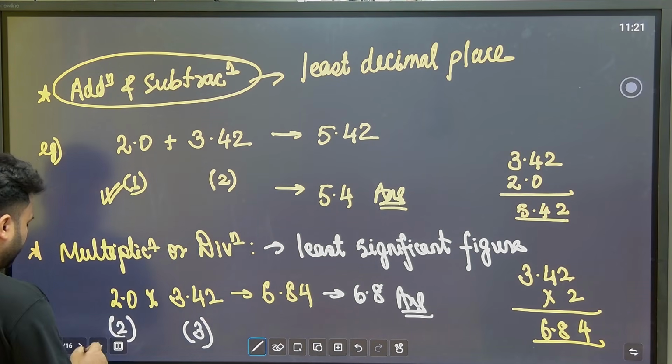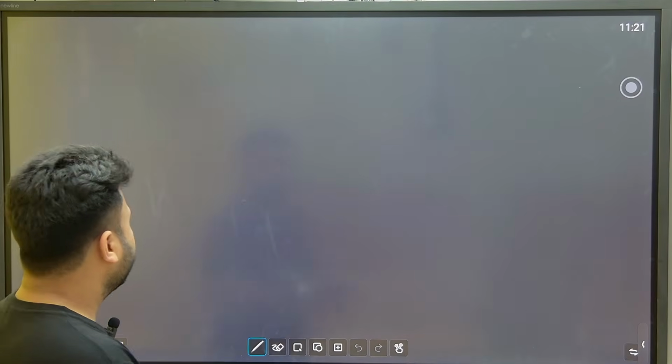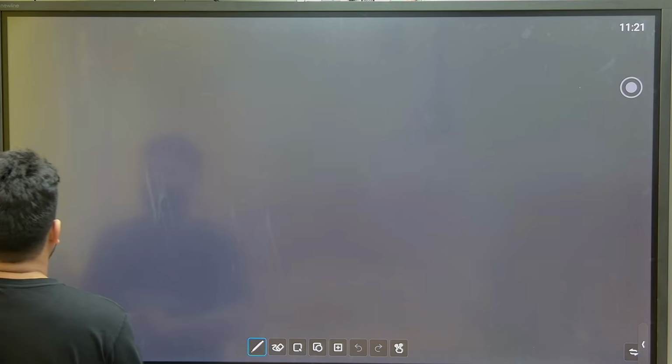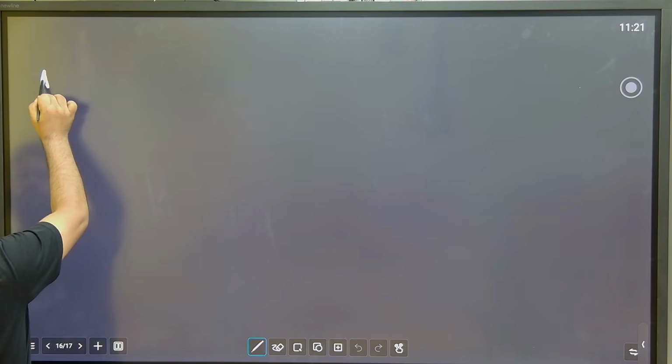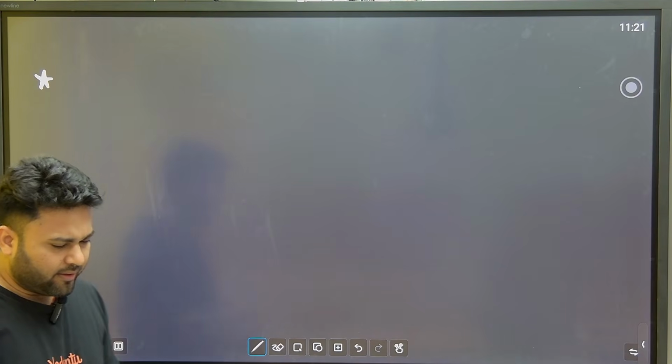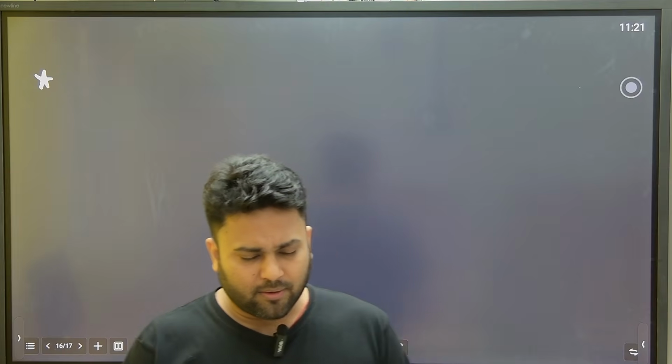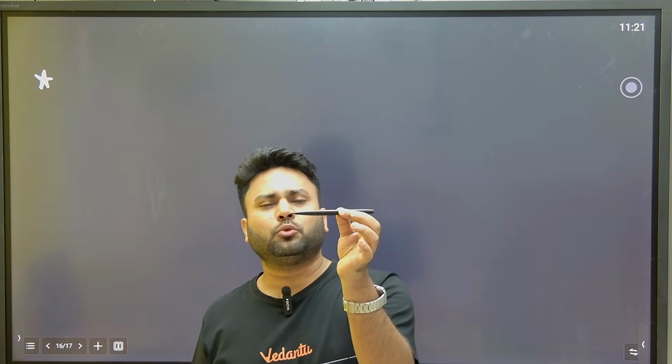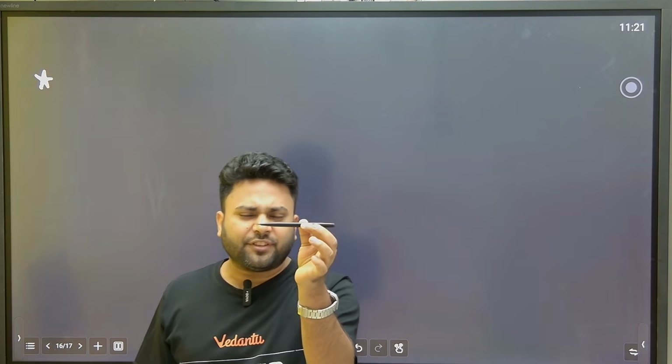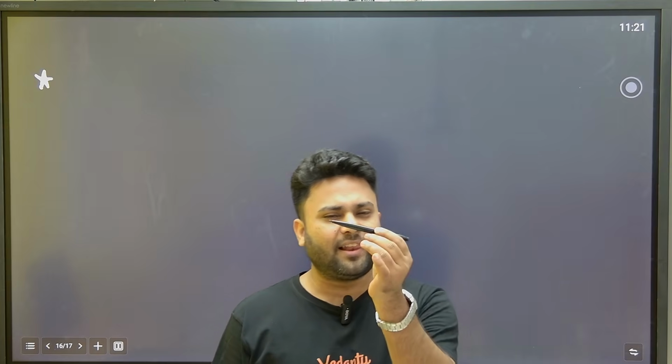Now, next is, see, if you ask me to measure the length of this pen, what is the length of this pen?